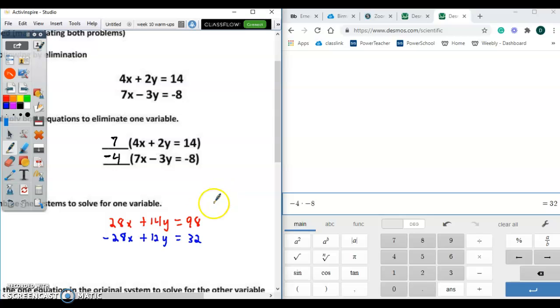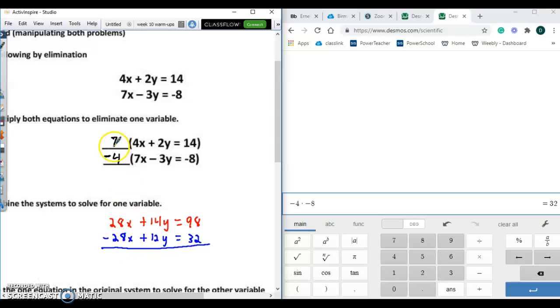All right, so now we have manipulated both of those problems. Now I'm going to combine the terms. Obviously, these are going to become 0. That was the whole point of doing 7 and negative 4. Now we can do 14 plus 12. And remember, they're both positives, so we're just adding them. 14 plus 12 equals 26y.